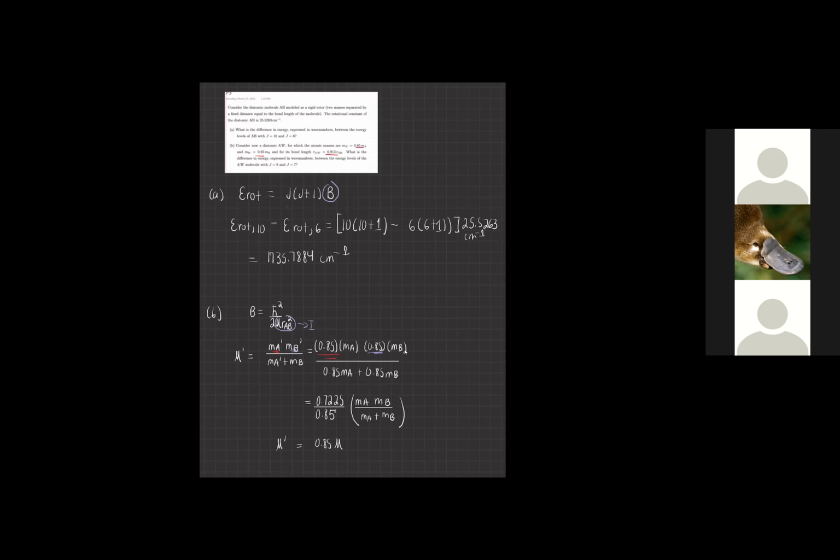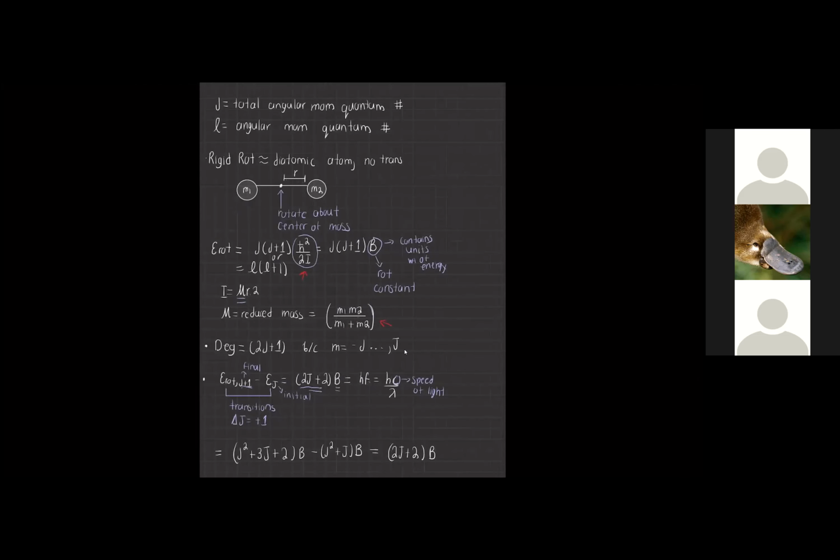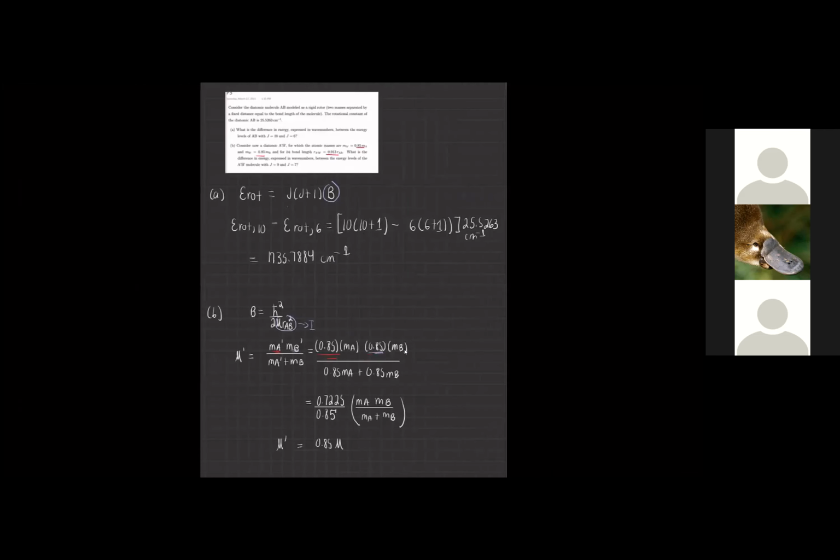So think of it like this. Rotational is basically the rotational energy. It's asking you to calculate the difference between energy level 10 and 6. So you plug in whatever 10 is into that first equation, and then you subtract this. Since you're subtracting these and B is the same, you simplify B out. Does that make sense?